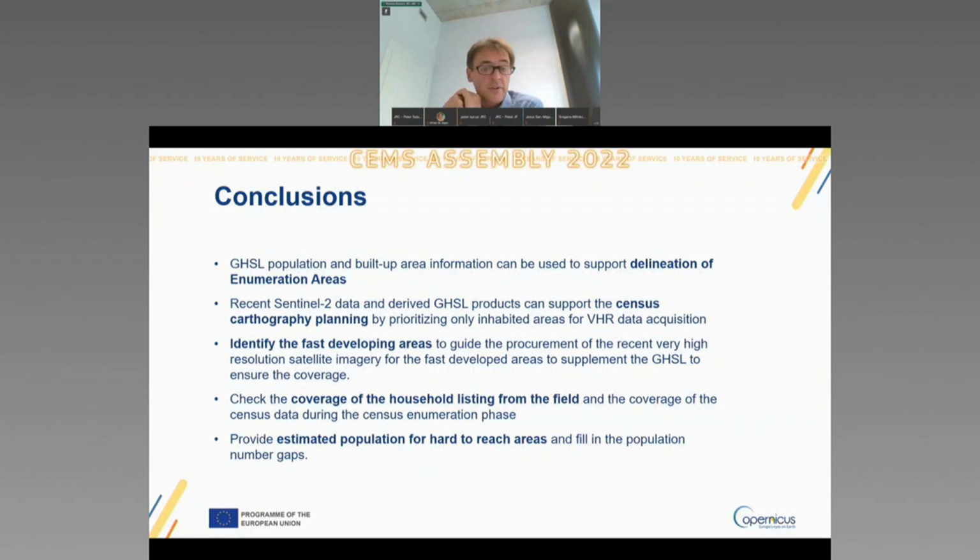It's really costly, but with our data, they can point to those areas where major changes have been taking place. They can also use this information for checking the coverage of the field operations, and use information on the population disaggregation for estimation of population in hard to reach areas.